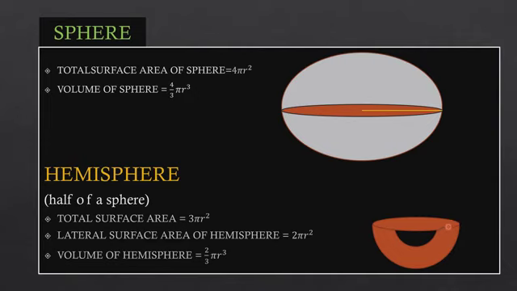So we have one more circle here, so 2 pi r square plus the area of a circle becomes 3 pi r square, and volume of the hemisphere is 2 by 3 pi r cube. The half of the volume of a sphere is equal to the volume of hemisphere.